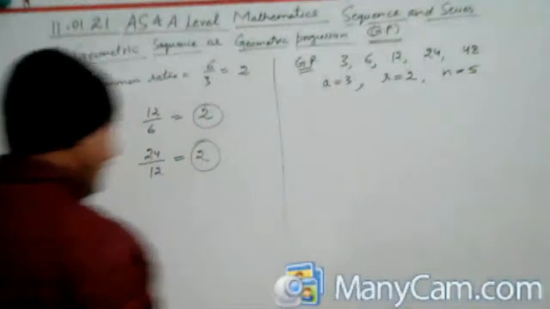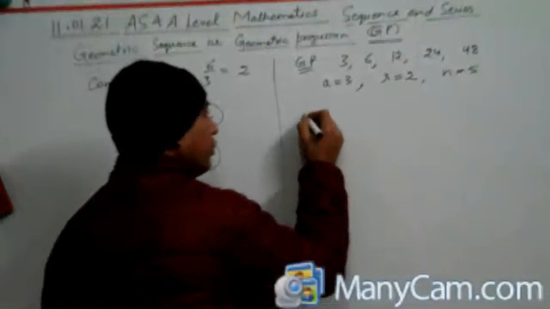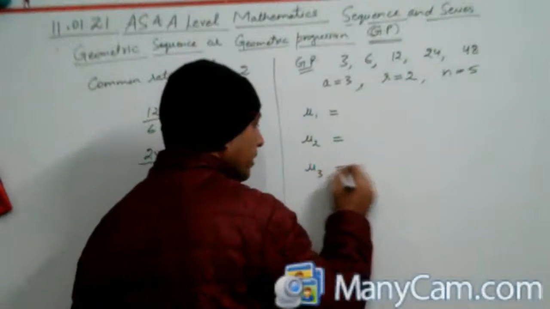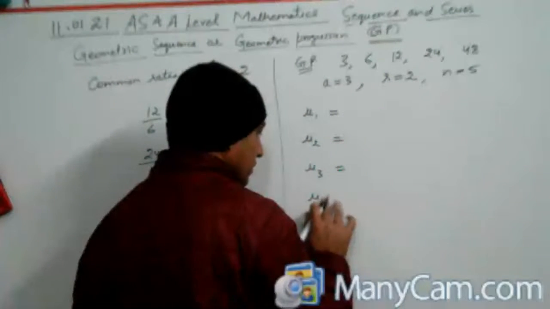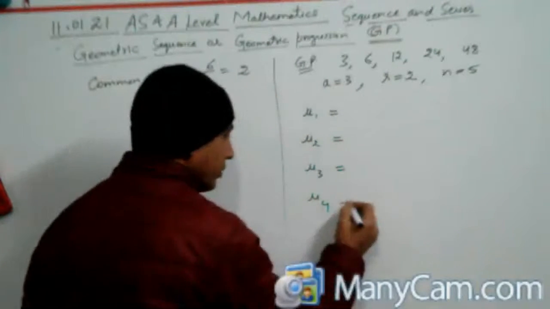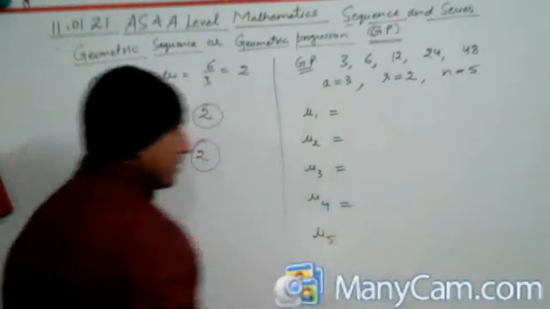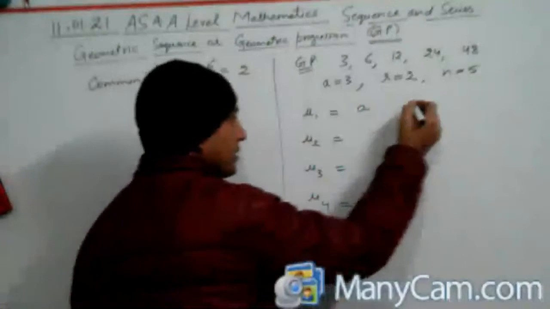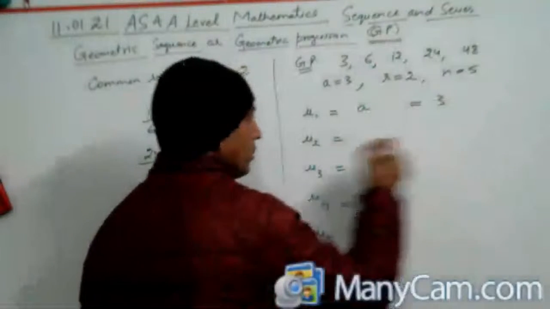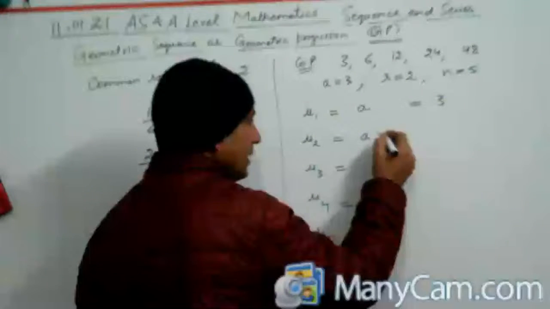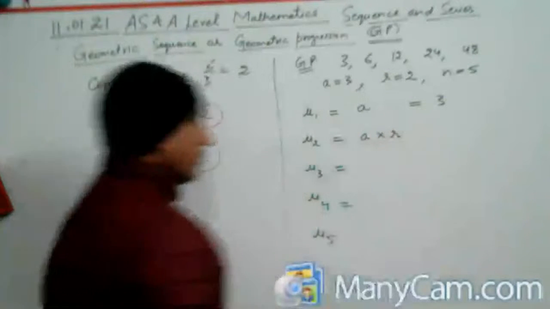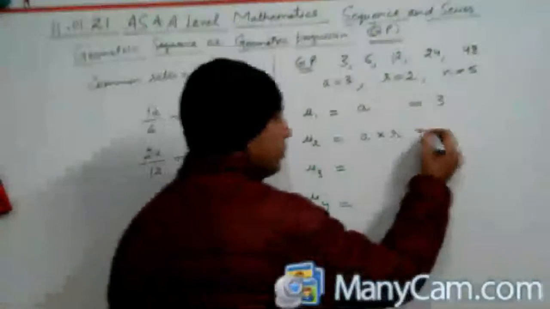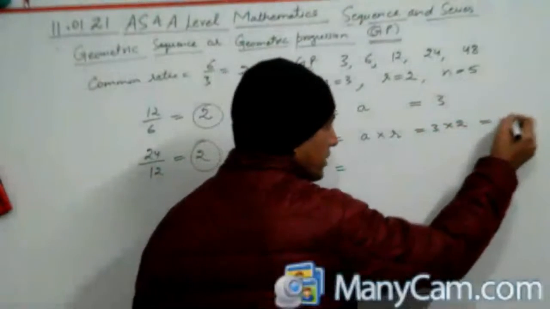And n, the number of terms, is equal to 5. So we can write U1, U2, U3, U4 and U5. The first term is A, so A is 3. The second term is A into R, that is 3 into 2, equal to 6.